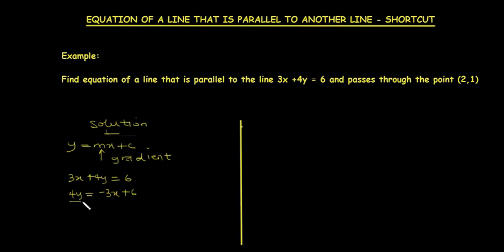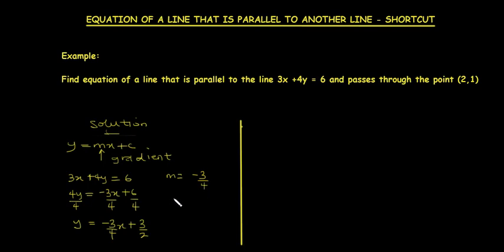Dividing through by 4, we have y is equal to minus 3 on 4 x plus, this is going to give us 3 on 2. Alright, so now the minus 3 over 4 represents our gradient. So we have our gradient as minus 3 over 4.